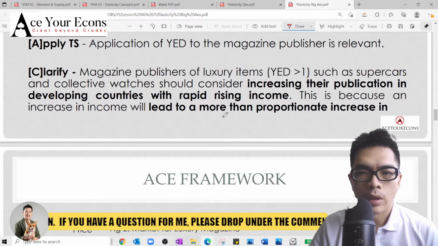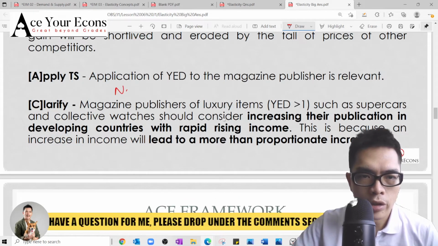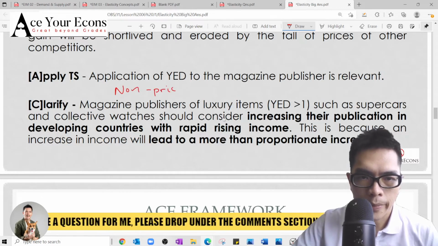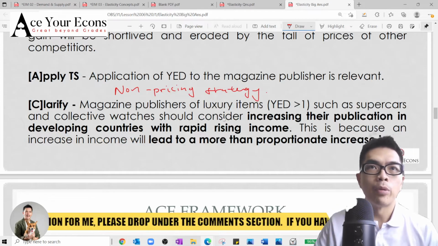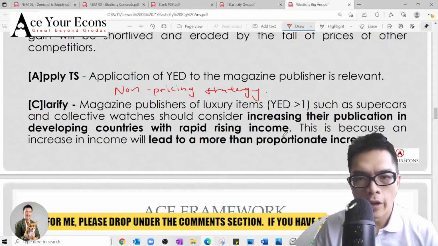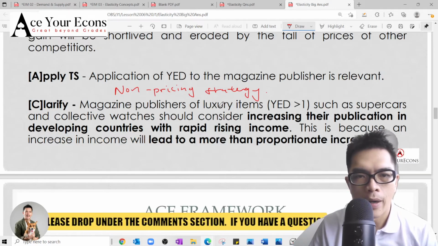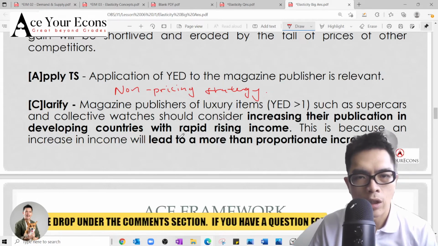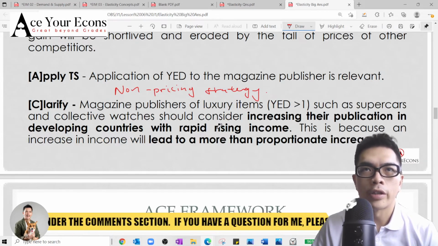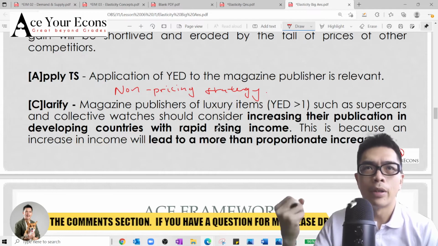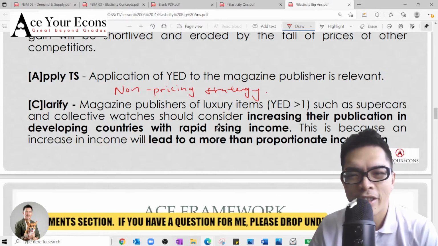YED. So for YED, we are concerned about non-pricing strategy. You can use any of the three that I've proposed earlier on. So for instance, if you are producing supercars, if you are a magazine that publishes supercars, collectible watches, right? I'm not sure whether you are into watches. IWC, I think, is a very upscale watch.